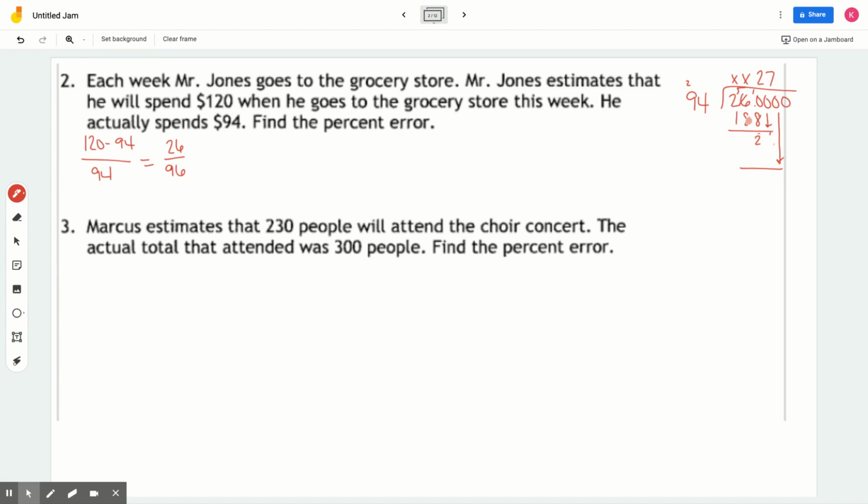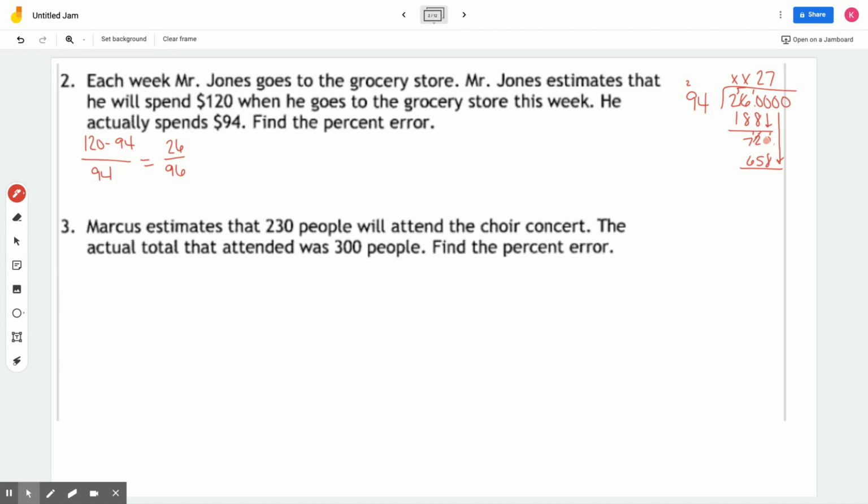And then 25 take away 18 is 7. Bring down our 0. Now, 94 can go into 720. That's 7 times, which will still make that 658.